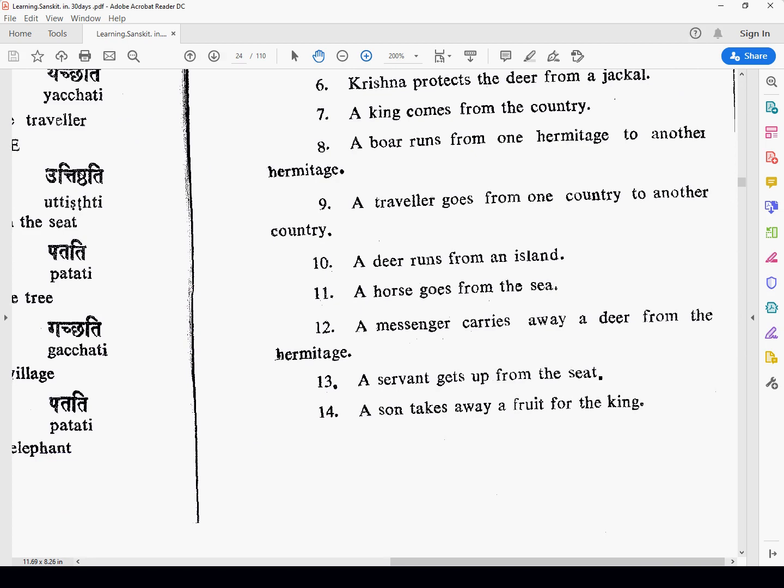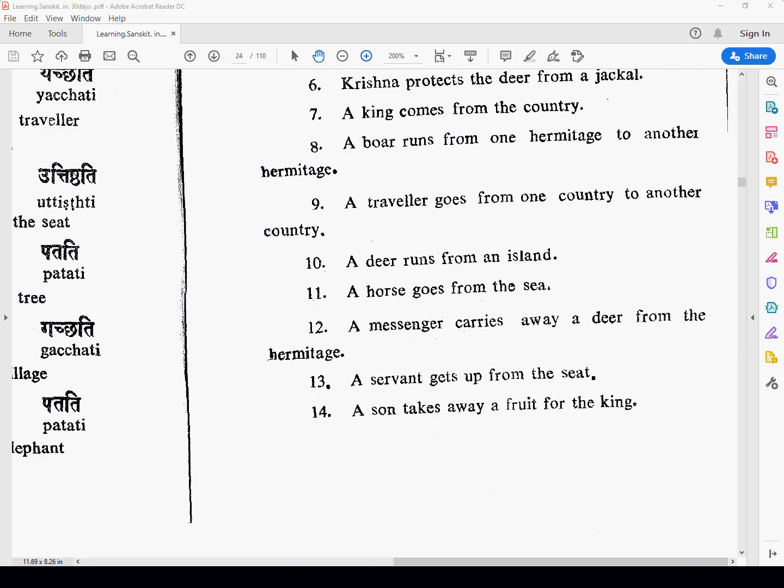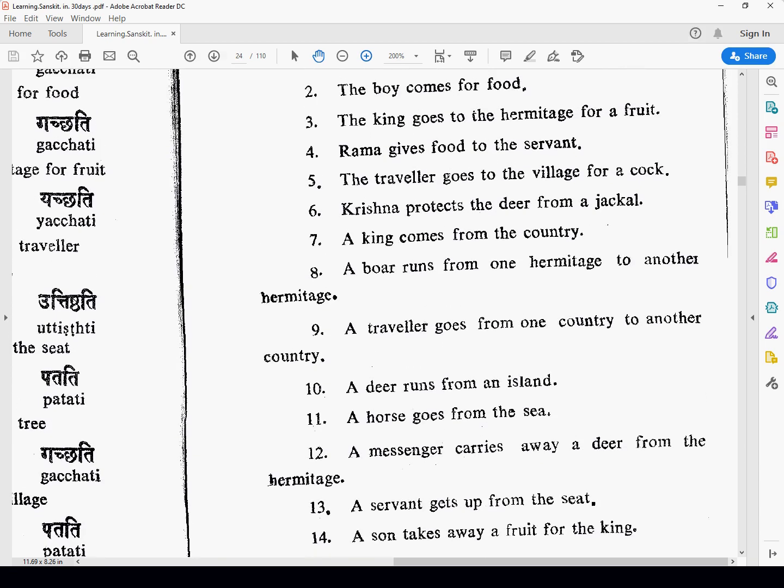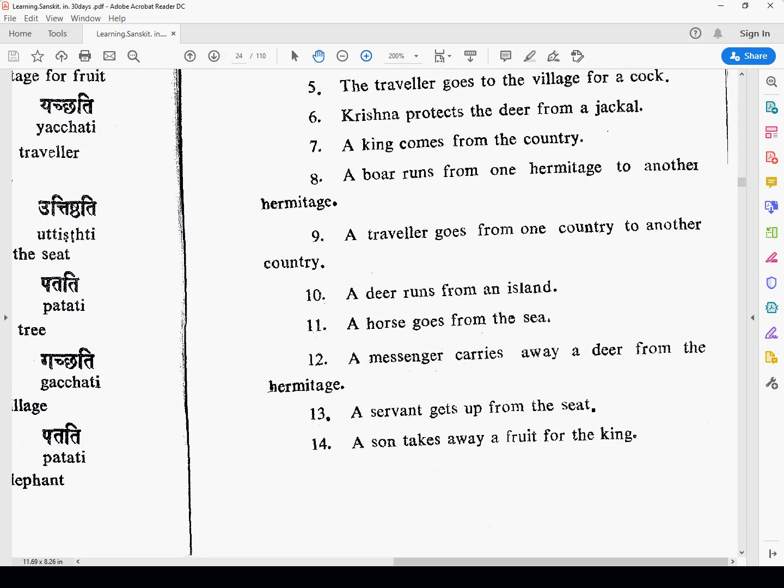If you look at a few examples, let's take a simple one here. A horse goes from the sea. What is the word for horse? Ashvaha. What is the word for goes?